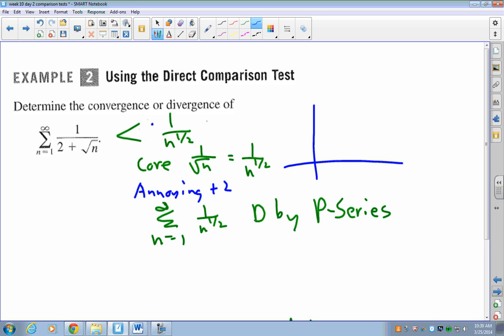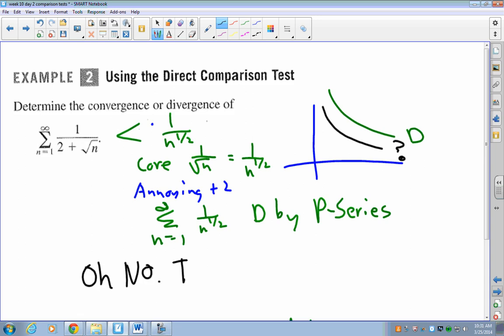Because one diverges, so the other guy diverges. Okay? That's what people want to say. But before you do that, there's the green guy. He diverges. Here comes the black guy. He's there. Can I say it? No. So I'm left with right now going, oh no, I don't know still.